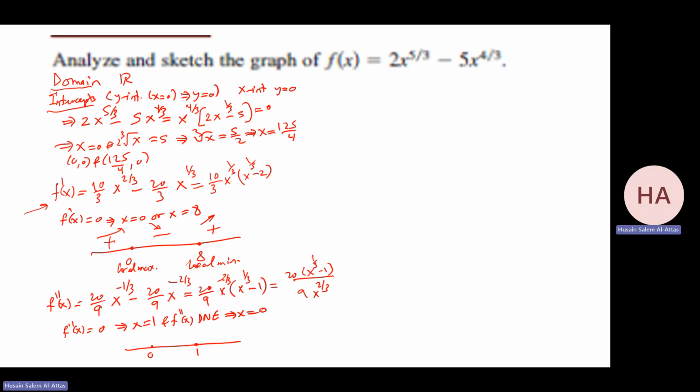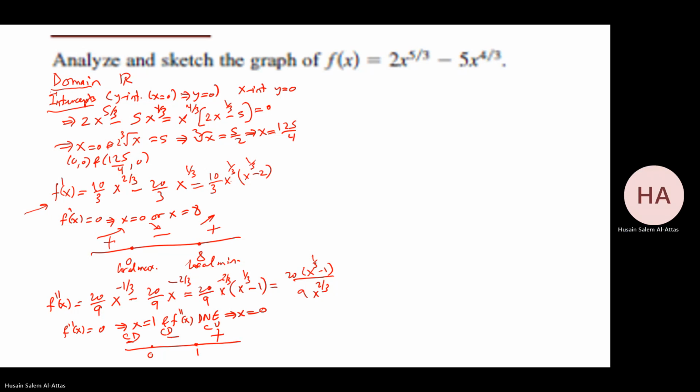Okay. Before the 0, take any negative value, I'm getting a negative. Between 0 and 1, that will be negative over positive, that will be negative still. After 1, that will be positive. So it's concave down, concave down, concave up.